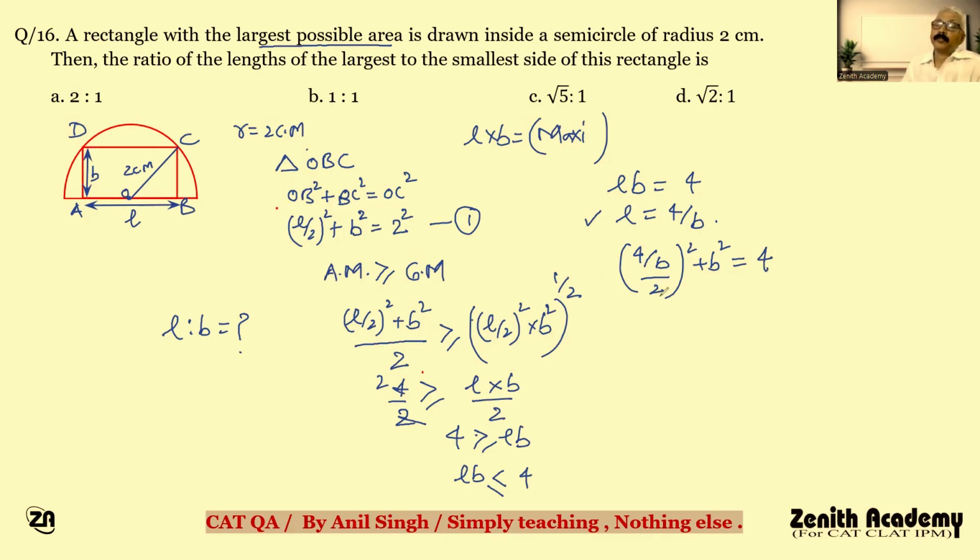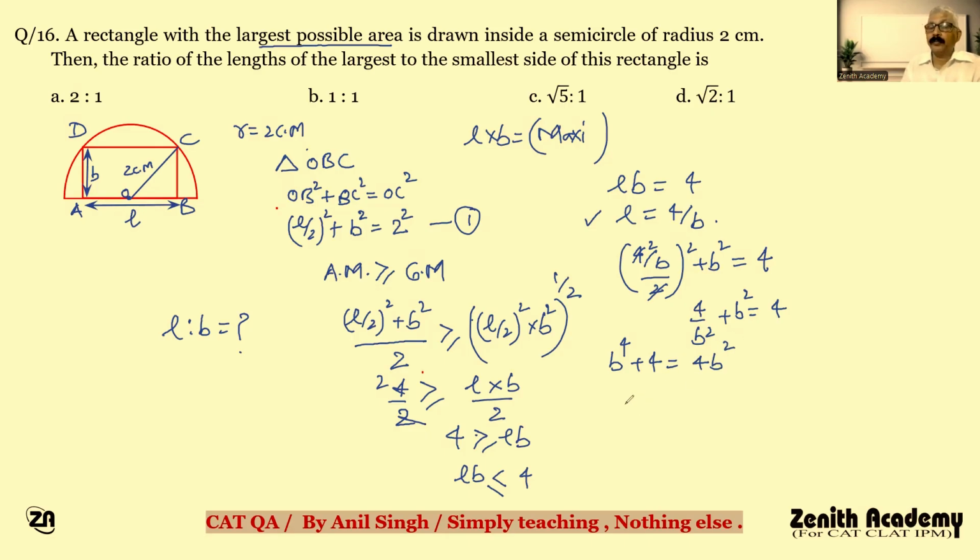So this is 4 upon B square plus B square is 4. So the quadratic will be here: B to the power 4 plus 4 is equal to 4B square.